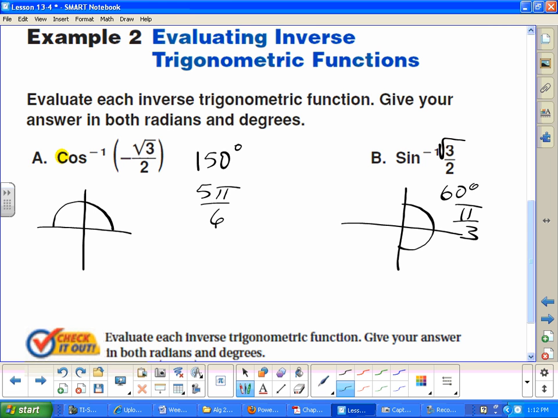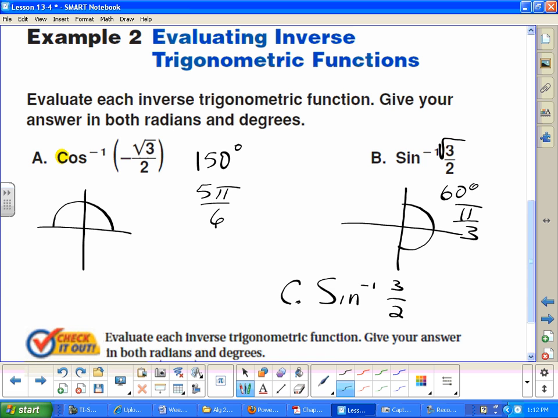Well, then the question they had here, I'll write it down as C, inverse sine of 3 halves. Is there a 3 halves on your unit circle for sine? No, there isn't.